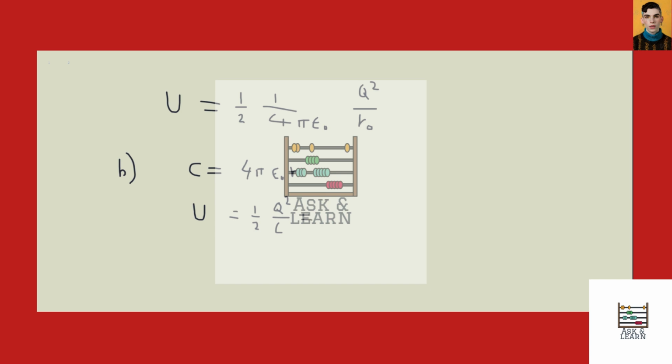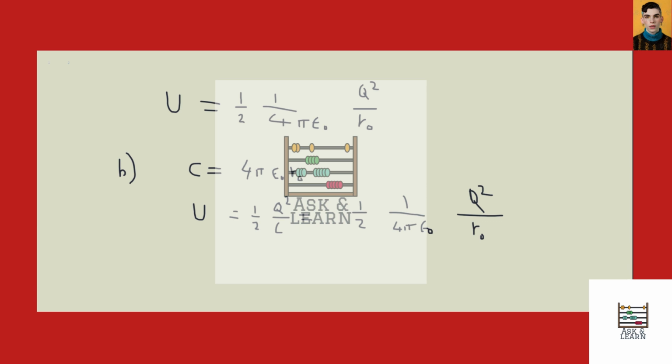So if you substitute value of c here, you will get half 1 divided by 4 pi epsilon naught q square divided by r naught. I should have r naught over here.